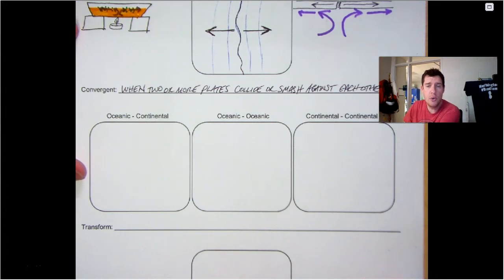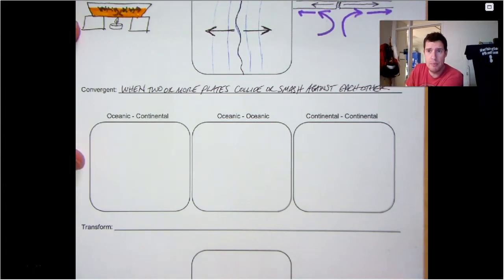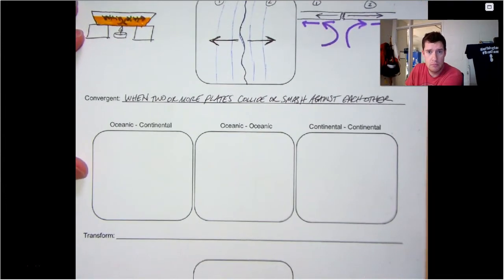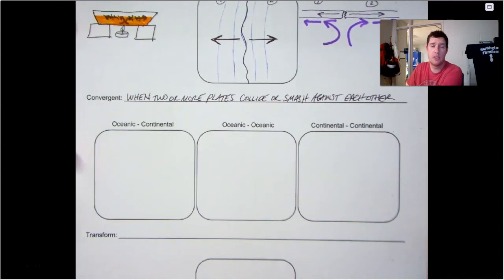Okay? When two or more plates collide or smash against each other. That's convergence, a convergent boundary.